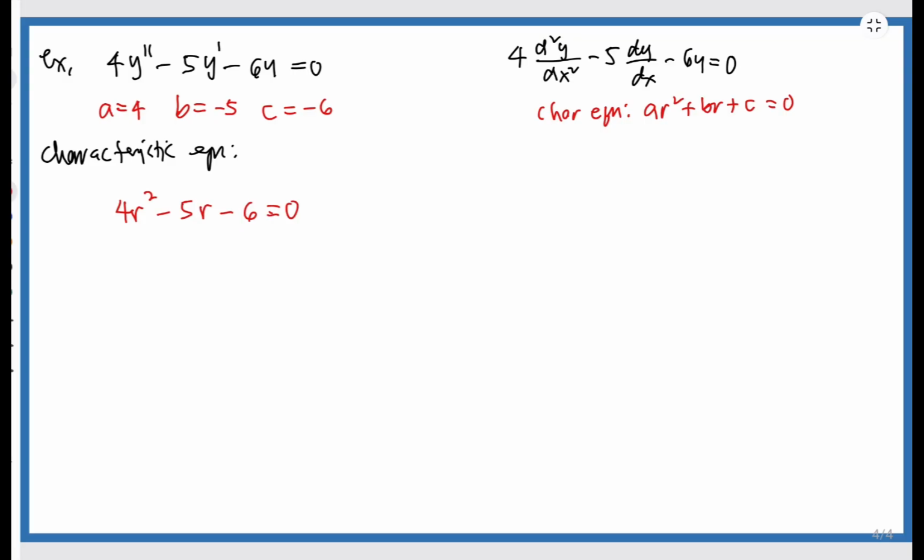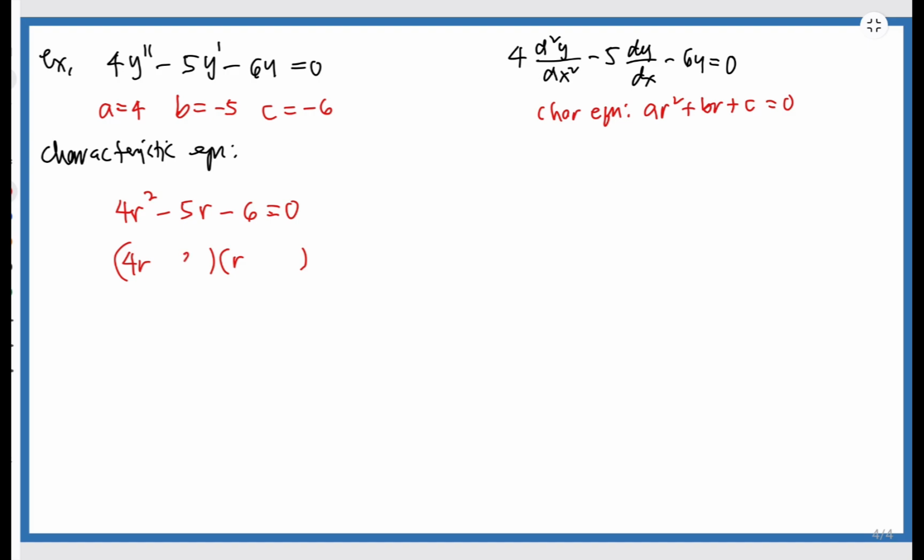Alright, so we are going to solve for r. 4 times 6 is 24. Are there factors of 24 that give negative 5? 8 and 3. So it is factorable. The factors are 4r times r, maybe 2r times 2r. 6 could be 2 times 3.